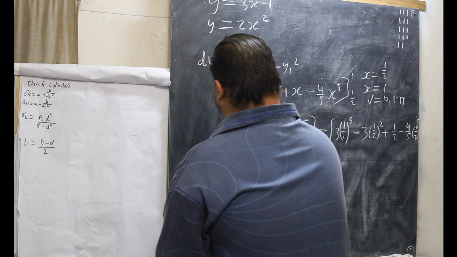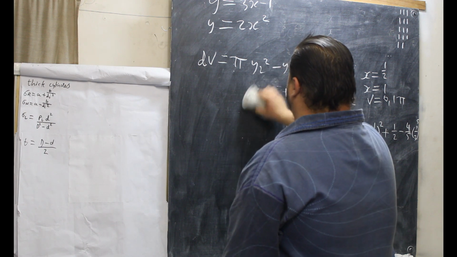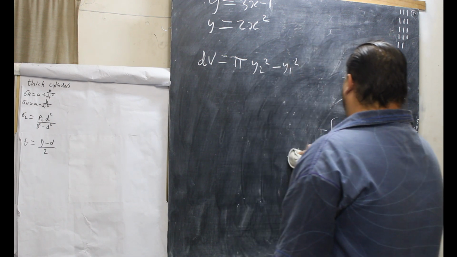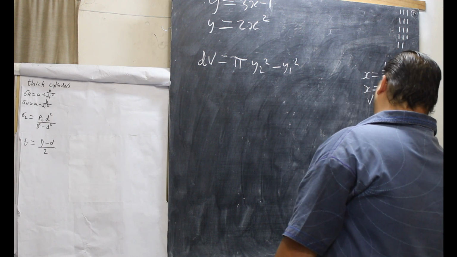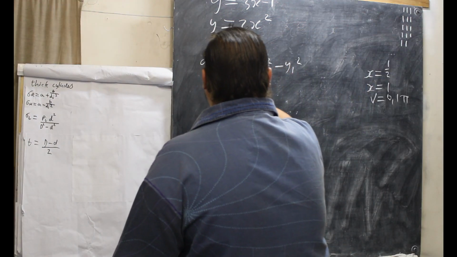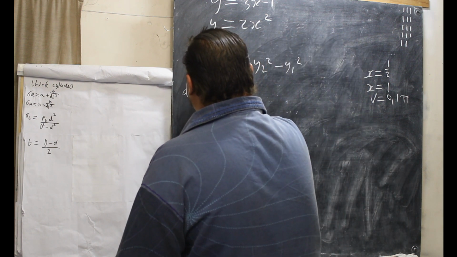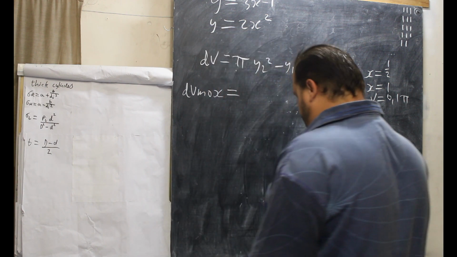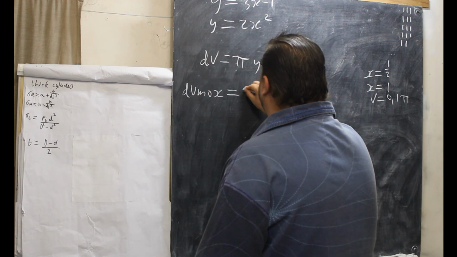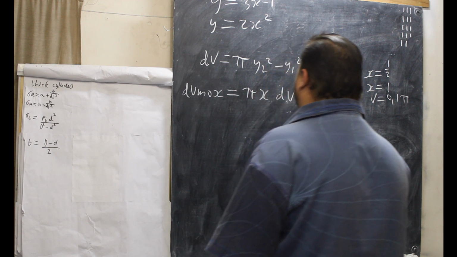dV still stays because we are going to say section 2 looks like dV MOX. Now, how this will work is we have pi x times dV.